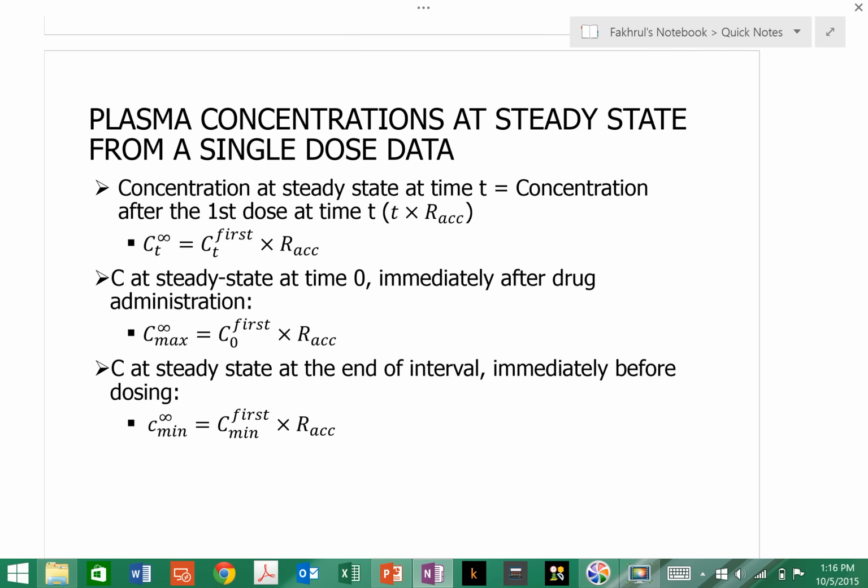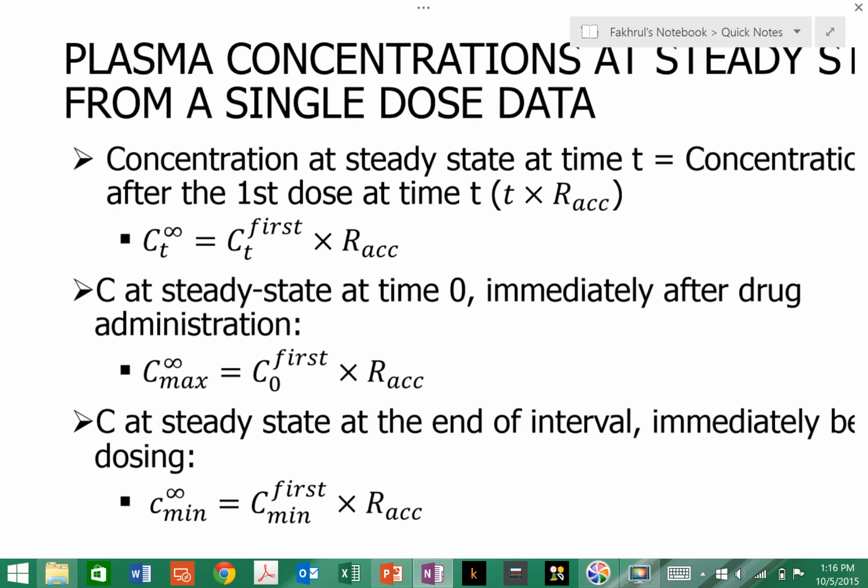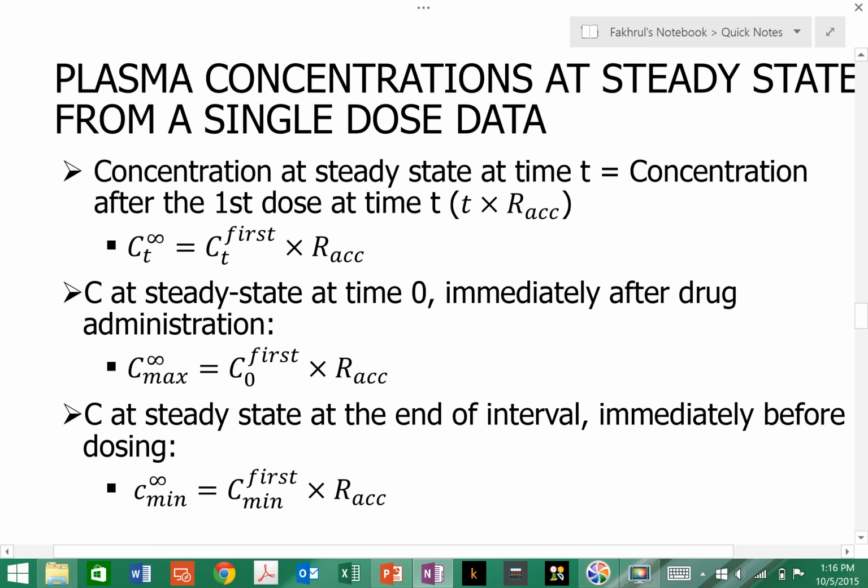And if you know the drug accumulation factor or accumulation index, you can calculate concentration at any time using this equation. You can calculate Cmax: if you know RSCC and the concentration at the first dose at time 0, it will give you Cmax.